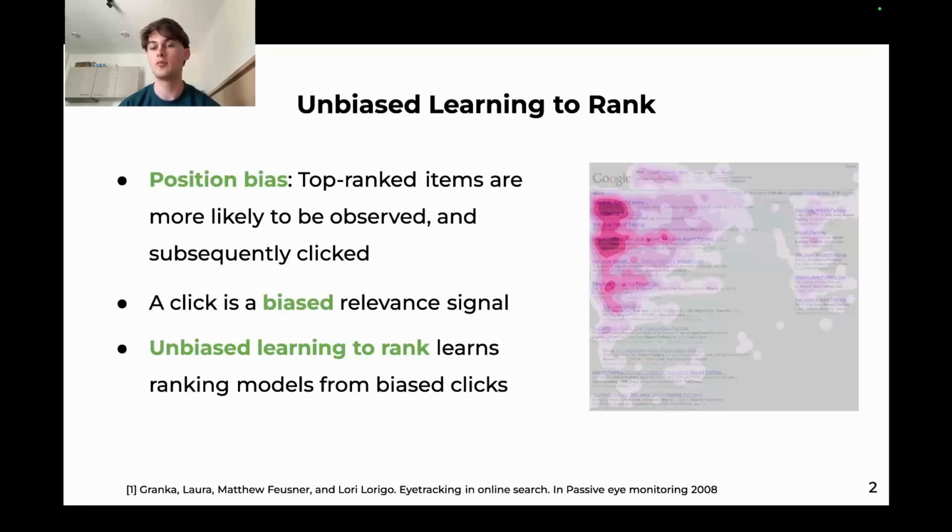So for example, we present items in a certain order, and top-ranked items are more likely to be observed and subsequently clicked. As a result, the clicks that we gather are biased relevance signals, and unbiased learning to rank considers how we can learn ranking models from these biased clicks.